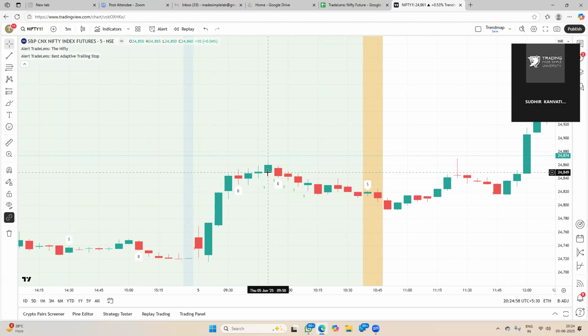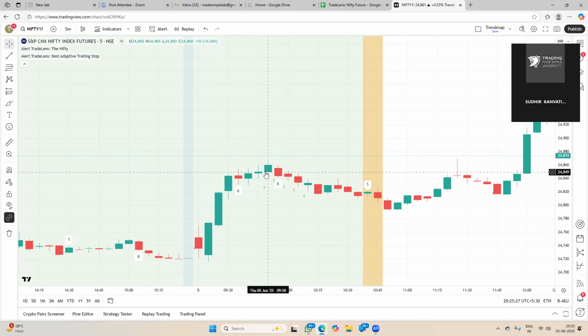Our entry was around 24,854 plus 5 points, which is 24,859, and we got a candle Mark 1 here. So we will trail the stop loss from this point to that point.